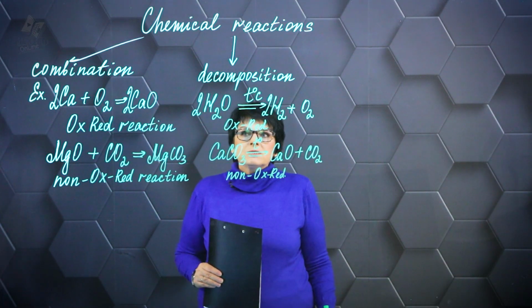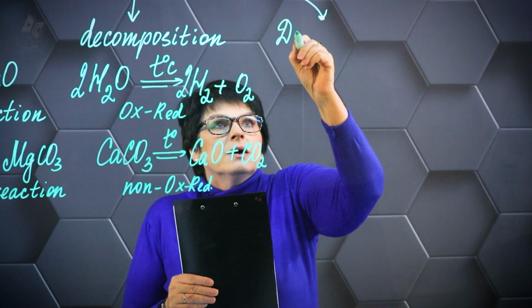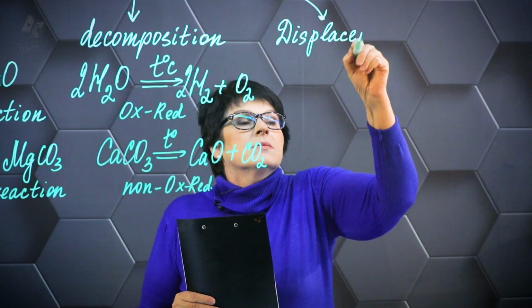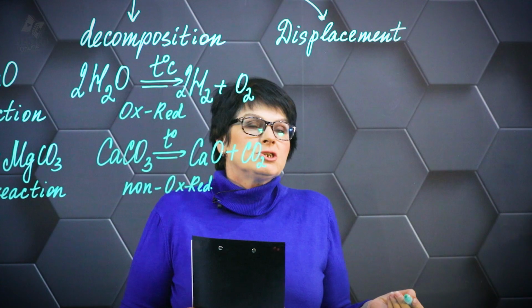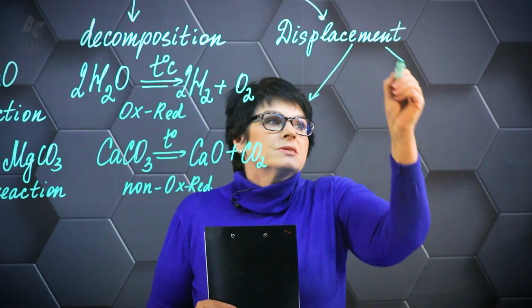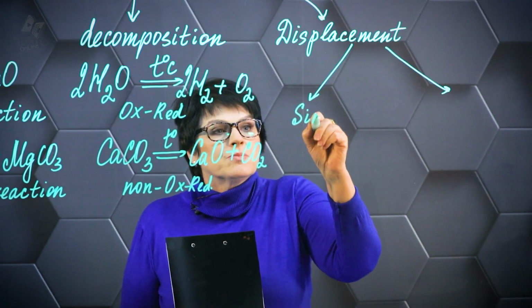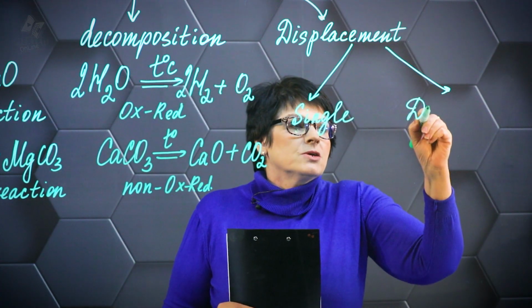So now the next point, the third kind of reaction is substitution reactions. Substitution itself is divided into 2 types. It can be simple substitution and double substitution.